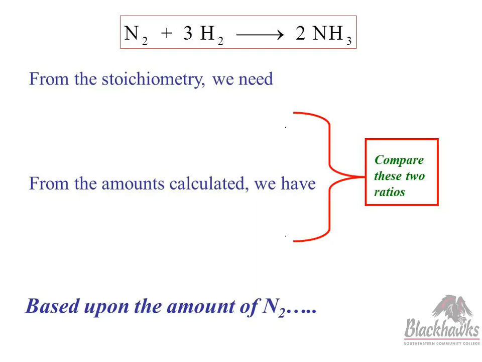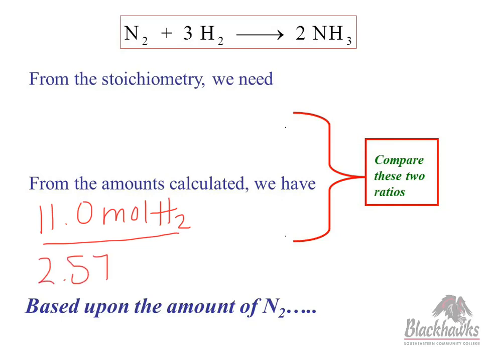Yeah, you could go either H2 over N2, and the reason I usually choose whatever's going to give me a number greater than 1, looking at the coefficients of 3 and 1. If I put 3 over 1, I'm going to get 3.